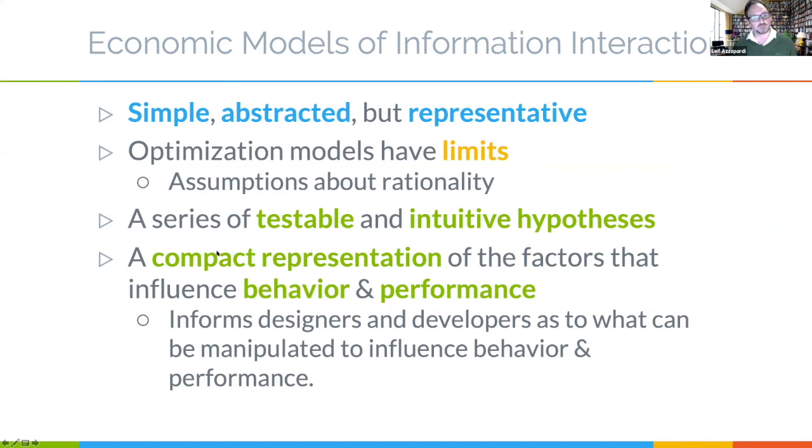What we can produce from those is a series of testable and intuitive hypotheses, which allow us to provide a compact representation of how people will behave and interact with our system.